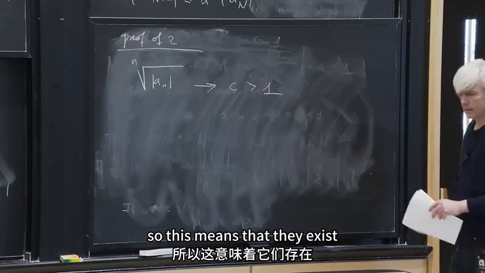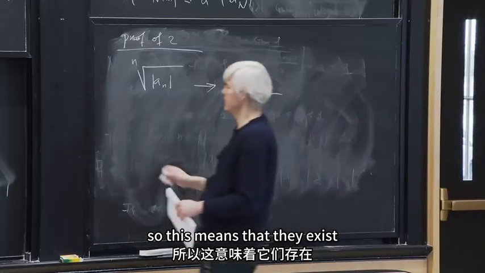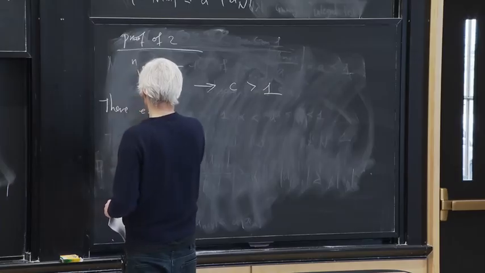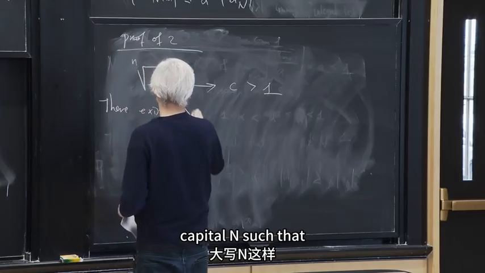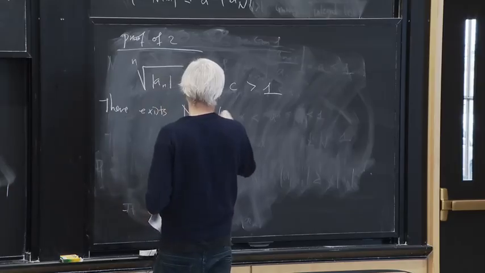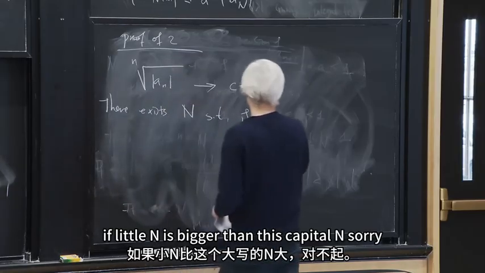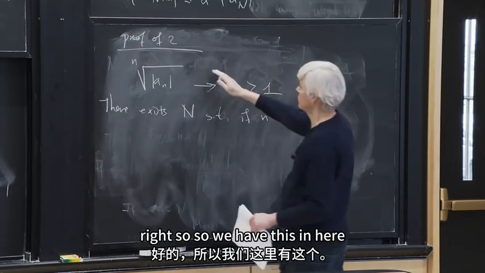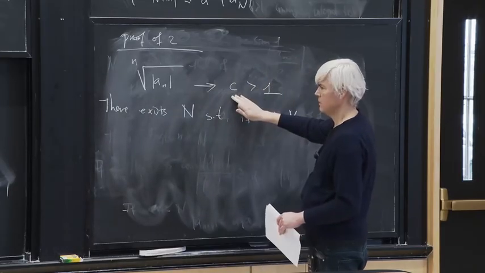So this means that there exists a capital N such that if little n is bigger than this capital N, we have this thing here.